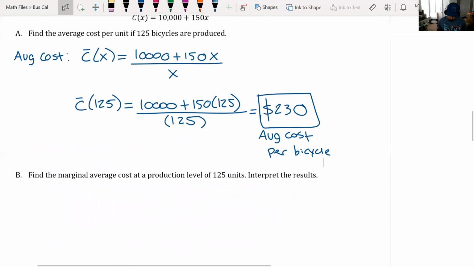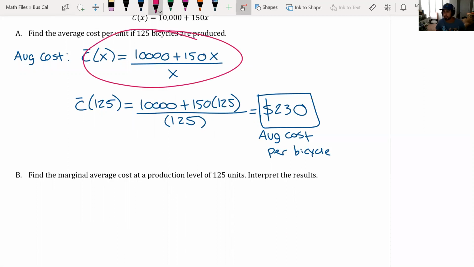Next says, find the marginal average cost at a production level of 125 units. So take the derivative of the average cost function and plug in 125. That's all this one says.